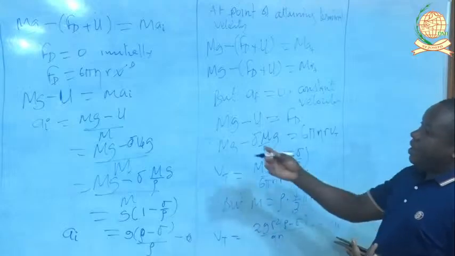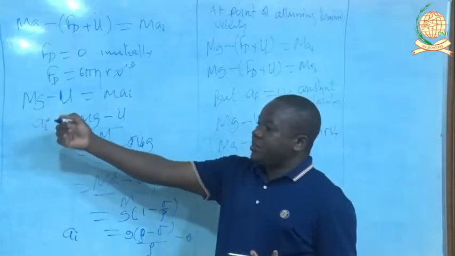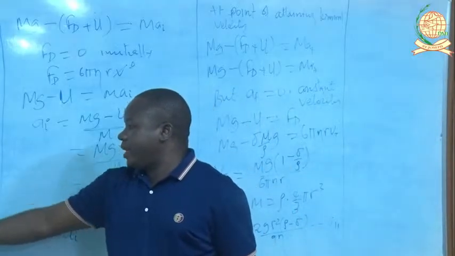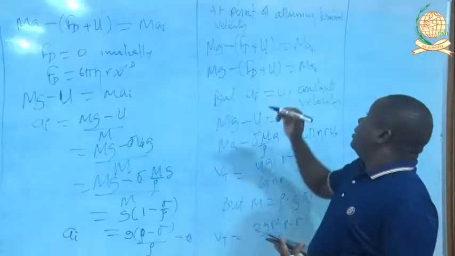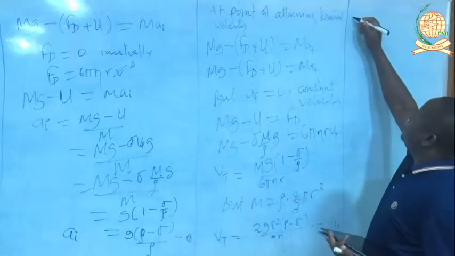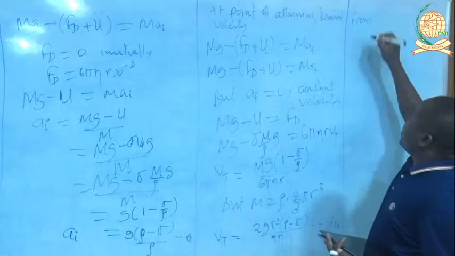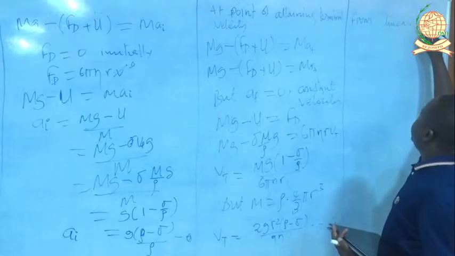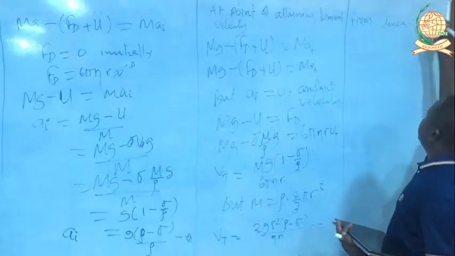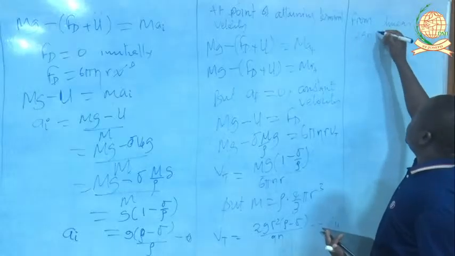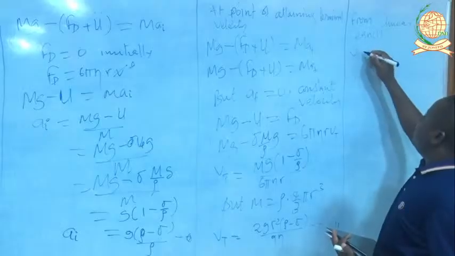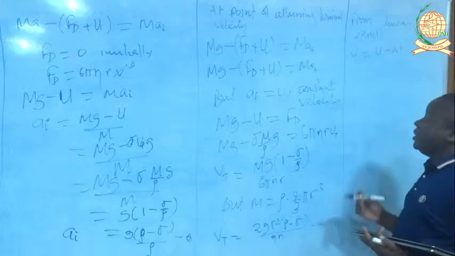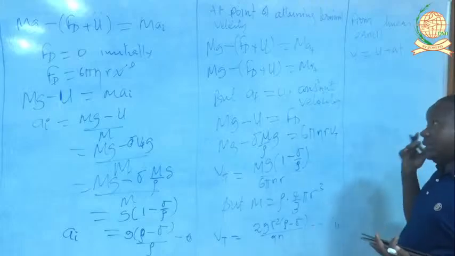Again, remember the question wants us to find the time taken to move from A to B. Then from the linear motion equation, equation 1, final velocity is equal to initial velocity plus acceleration times t, which is time.